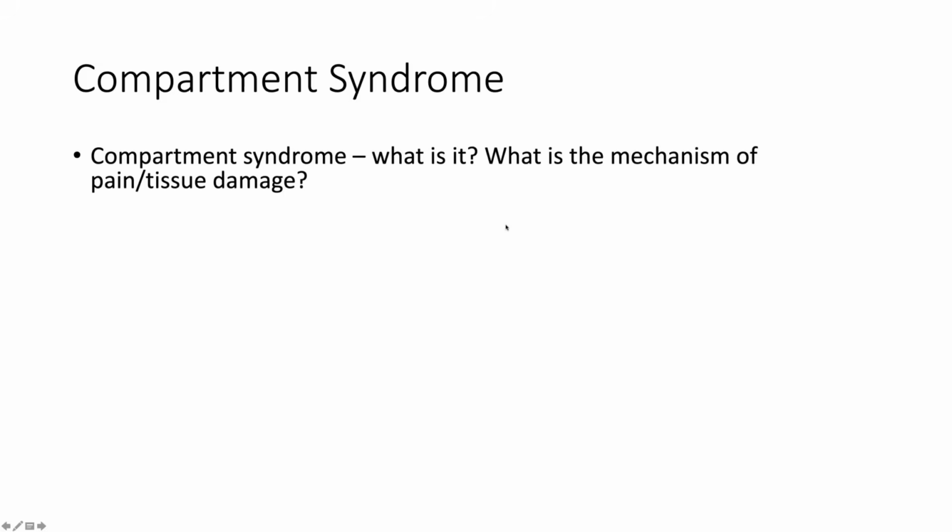All right, so let's talk about compartment syndrome, because that's basically another example. Boogie, what is compartment syndrome and what's the mechanism of pain? My very basic understanding is that you have physical damage to the muscle tissue below or deep within the fascia. Because of tissue damage, you get cytokines and inflammation.